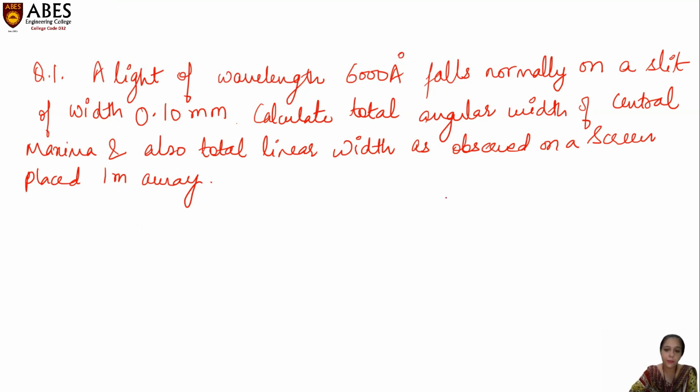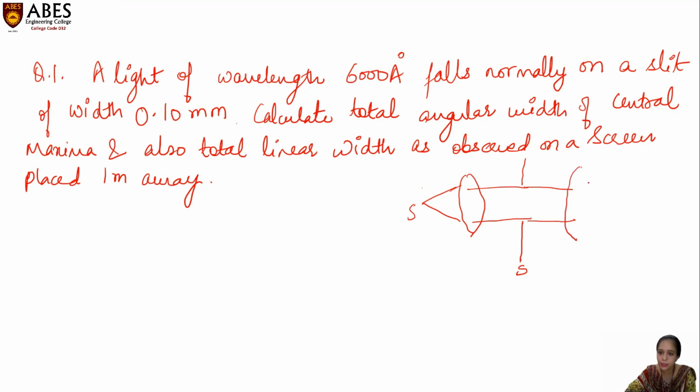So for diffraction pattern, single slit basically, what we know is a source of light S is going to fall on a lens L, and this is going to get collimated, and a slit is going to be kept here. This is single slit S. From here, a part of the light is going to go straight, and further it is going to converge at lens L2.